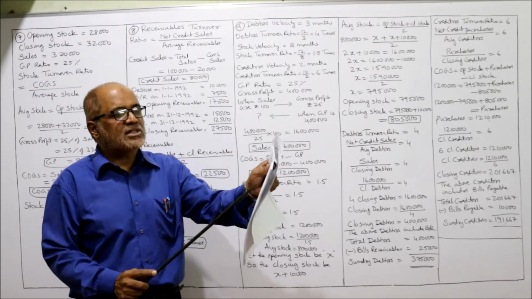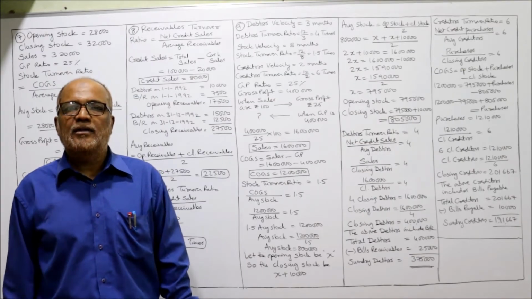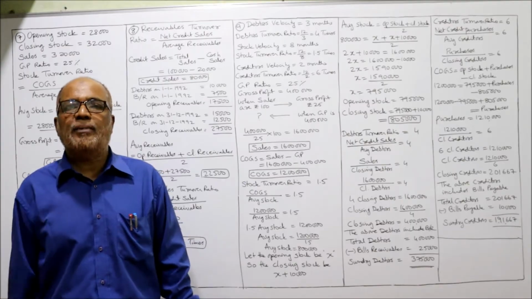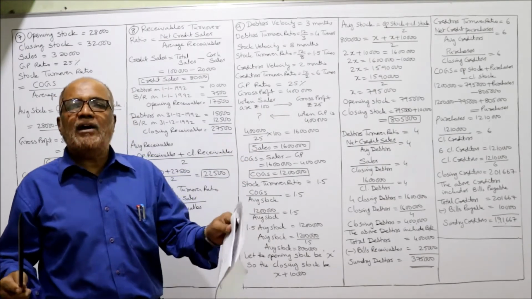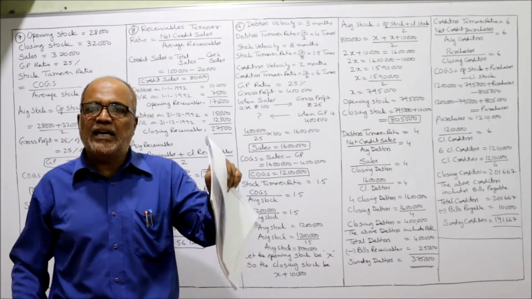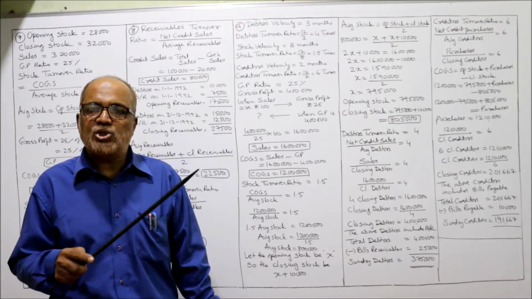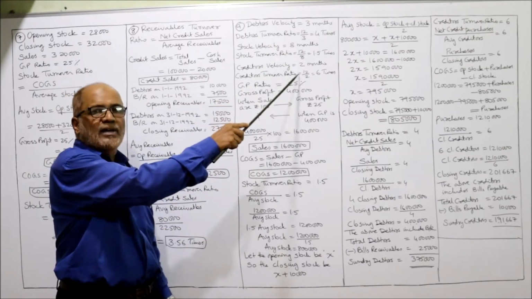Similarly, creditors velocity is given 2 months. So we can calculate creditors turnover ratio. 12 divided by 2 is 6 times. So simply we have converted the velocity in months to times. Debtors turnover ratio, stock turnover ratio, creditors turnover ratio. These 3 things we have calculated.